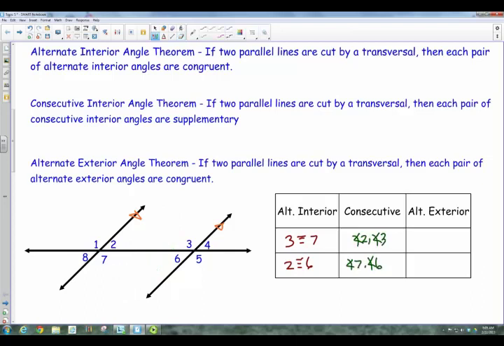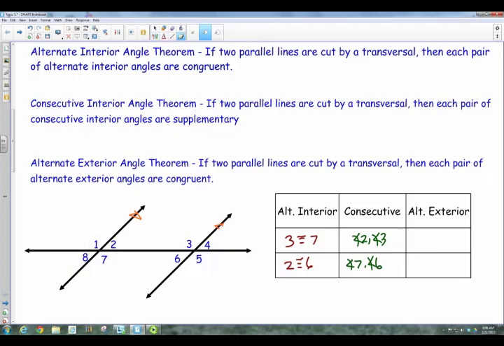Alright, then the last one is the alternate exterior. Exterior would be on the outside of these lines, so look in there where my blue lines are. Alternate again means crossing over the transversal. It says if two lines are cut by a transversal, alternate exterior angles are congruent.